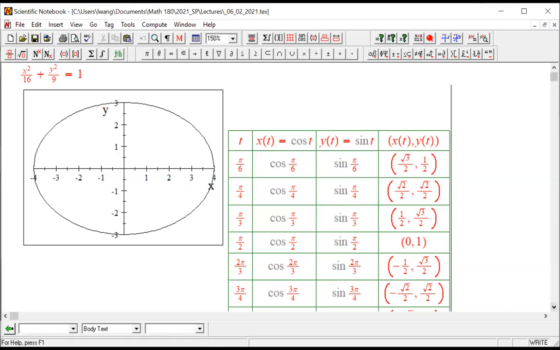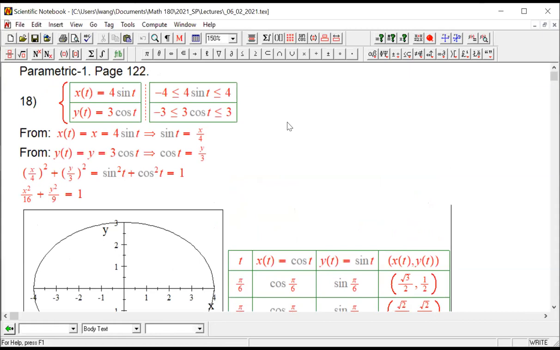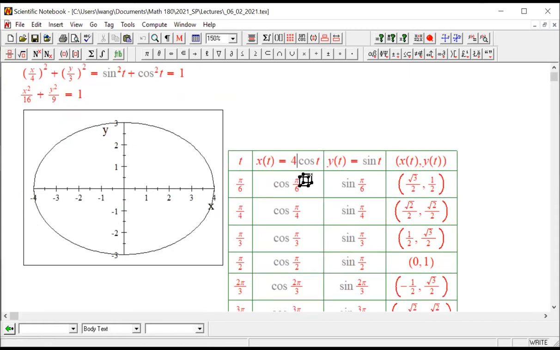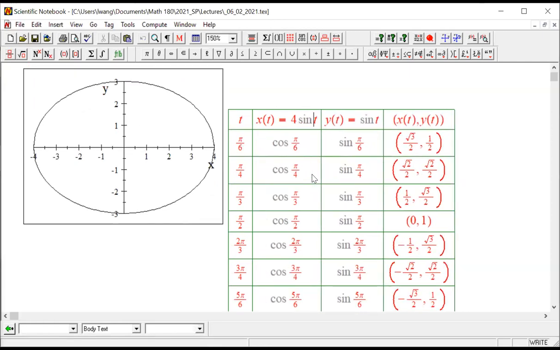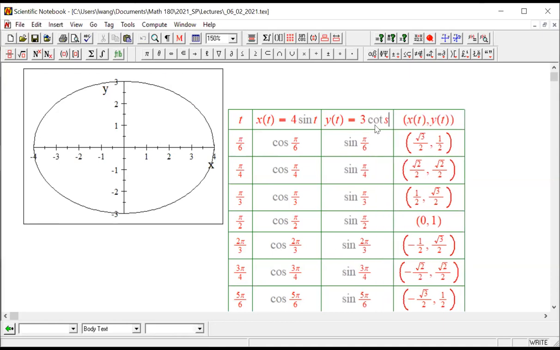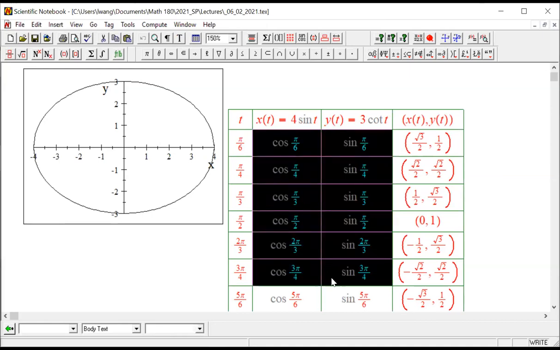Okay, so I will still be choosing these points, but x is 4 times sine t, right? 4 times sine t, and y is 3 times cosine t, right? Cosine t. And so all of these will have to be redone.